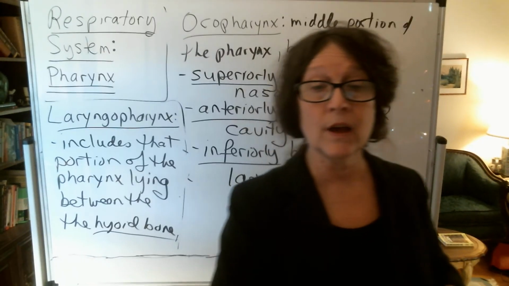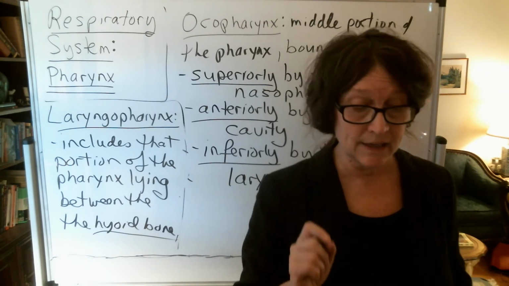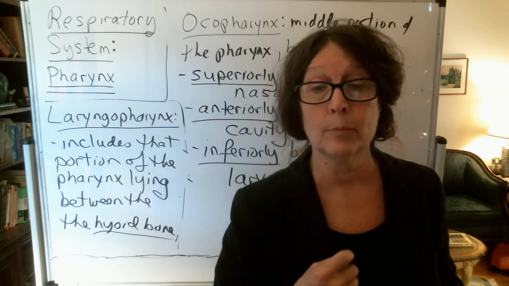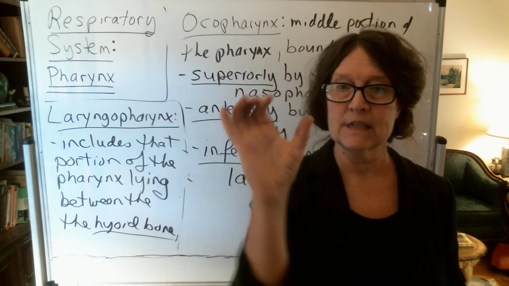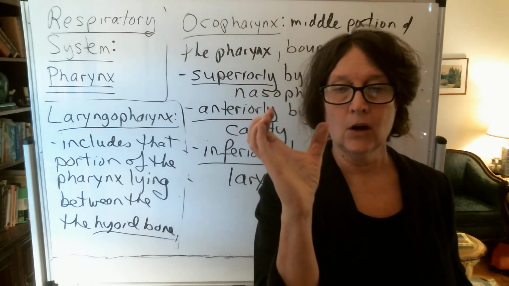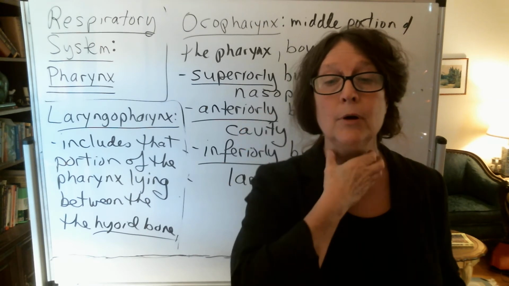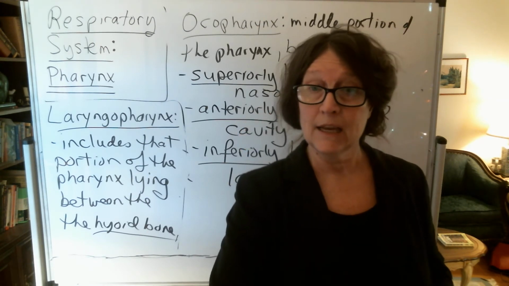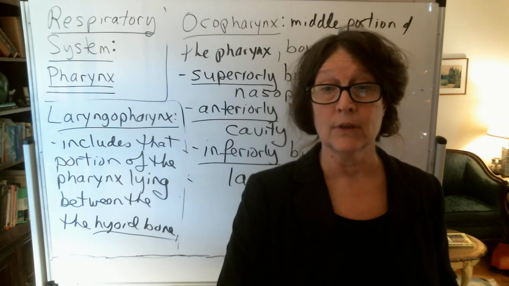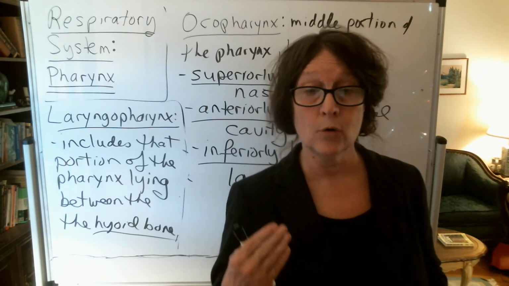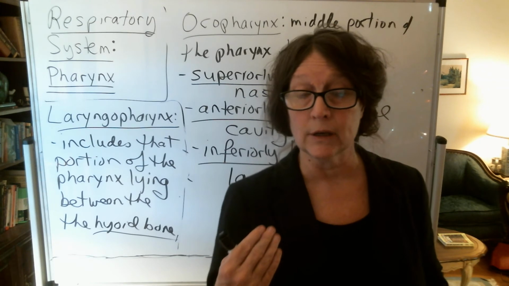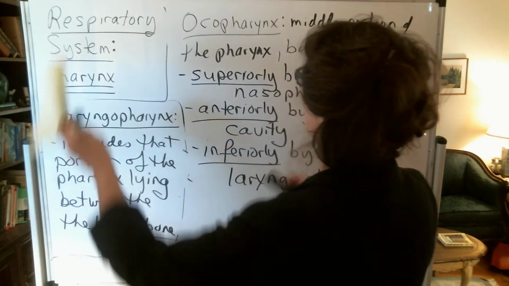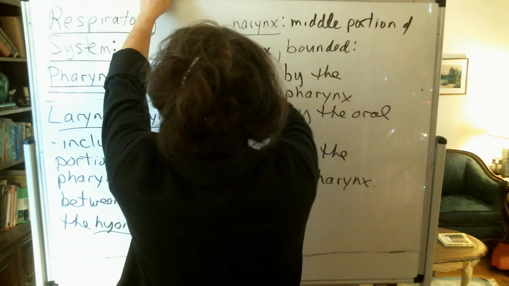I hope you remember the hyoid bone. It's one of the very few bones in your body that is not attached to any other bones. The hyoid bone is that funny sort of arc-shaped bone that sits in the front of your throat. It basically sits on top of the larynx, but it is made of bone while the larynx is made out of cartilage. So you remember the hyoid bone, and here we are talking about the laryngopharynx.